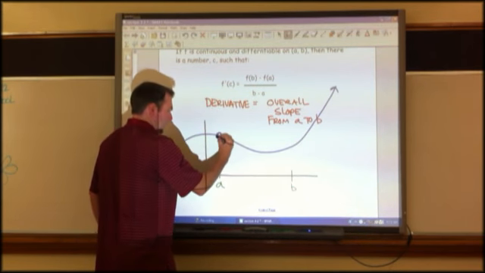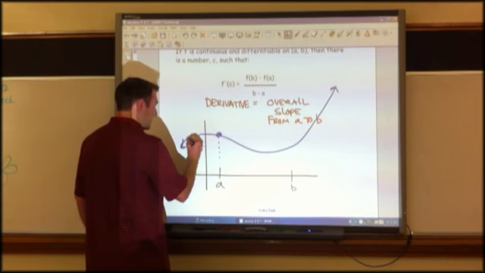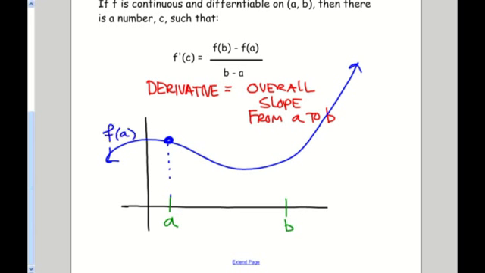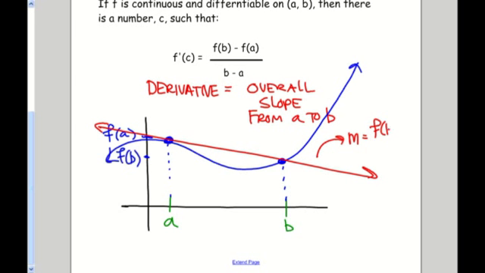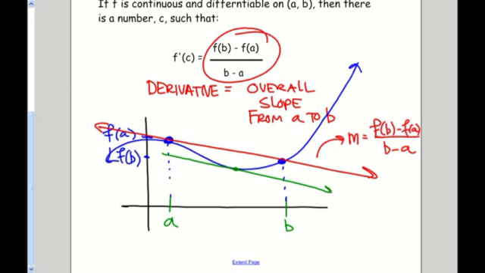I have a value that is f of A, and a value over here that is f of B. If I connect them, the slope of this line will be f of B minus f of A over B minus A. Somewhere in here, I can find a tangent line, maybe here, where the slope matches.